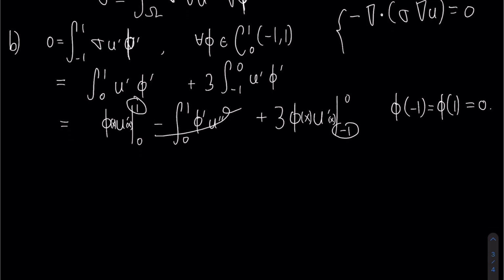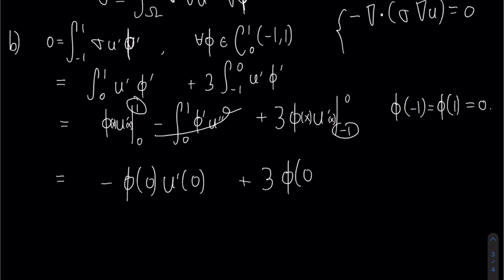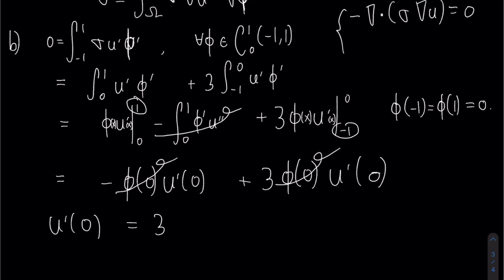All we have left is negative phi of 0, u prime of 0, plus 3 phi of 0, u prime of 0. And phi can be any function, so it doesn't have to be 0, and therefore we can cancel it. We're not dividing by 0 right now.